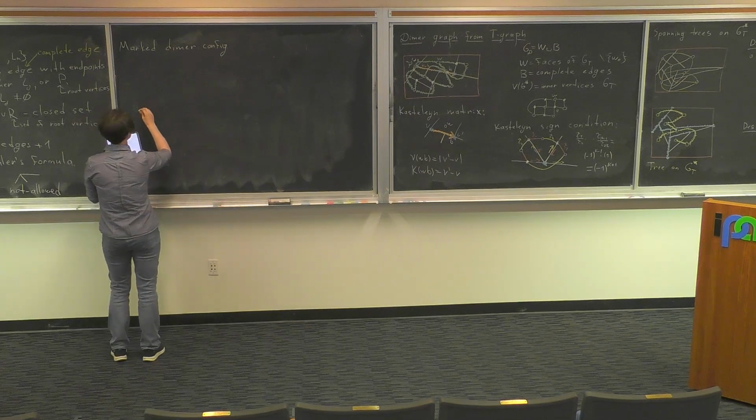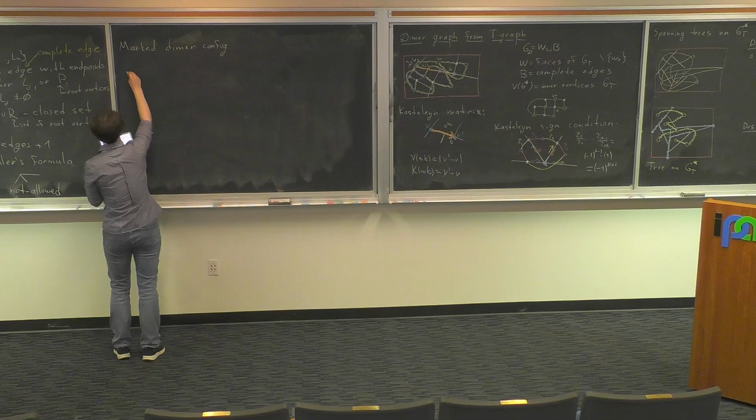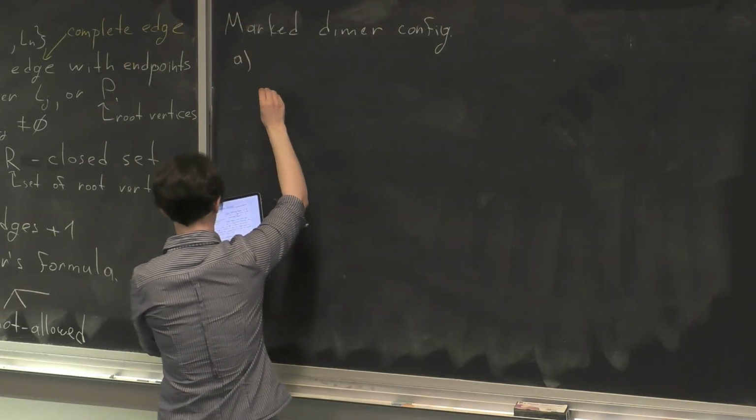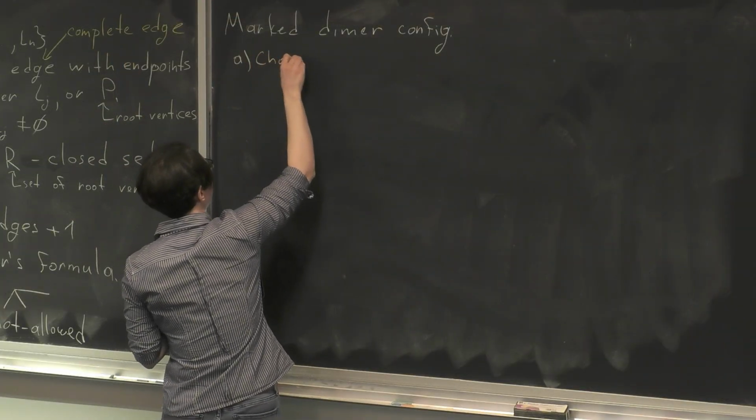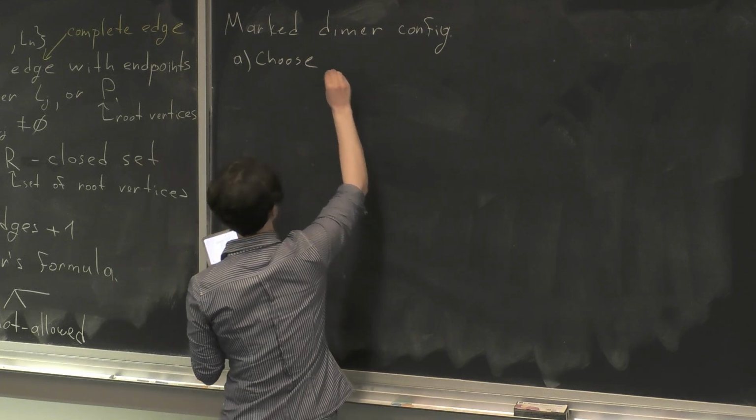So, okay. To define the marked configuration, first of all, you need to choose a dimer configuration.